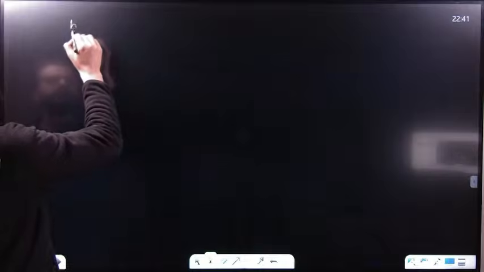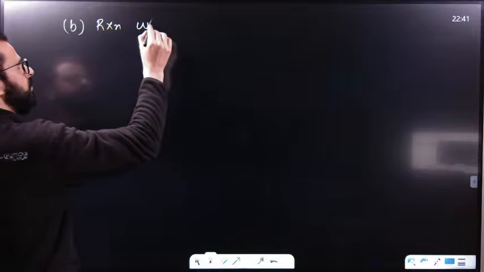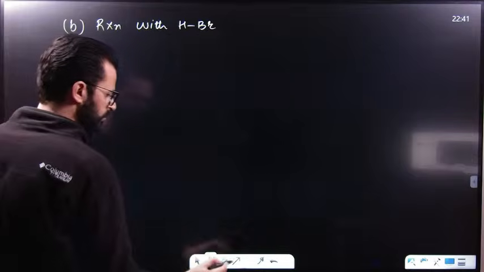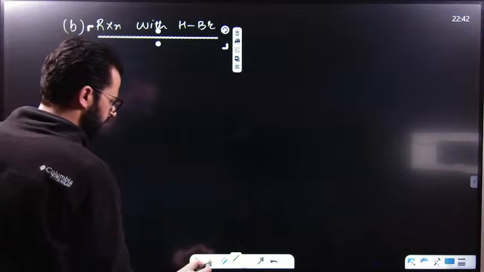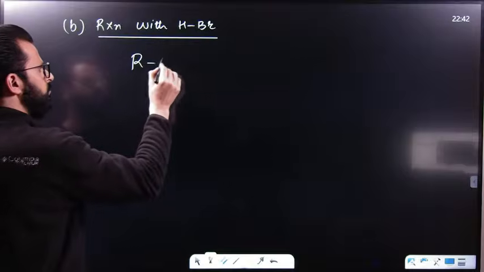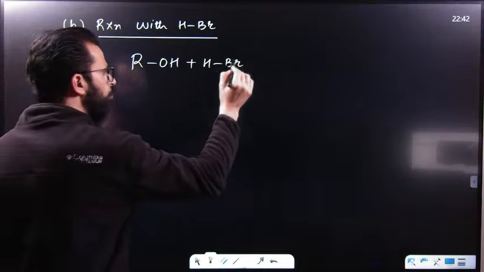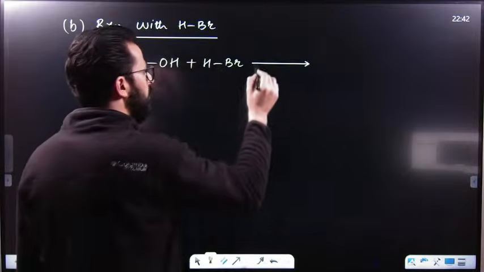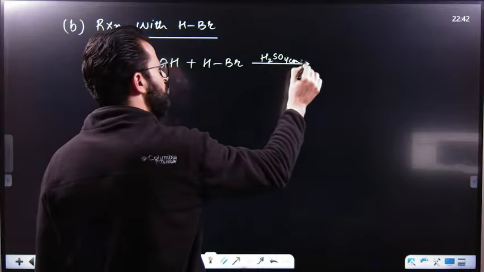Now, the next reaction is the reaction of alcohol with HBr. Have a look. What will happen over here? Your alcohol can simply react with HBr, as HBr is a little more reactive than HCl. In the presence of a few drops of concentrated sulfuric acid, this reaction can also be done.